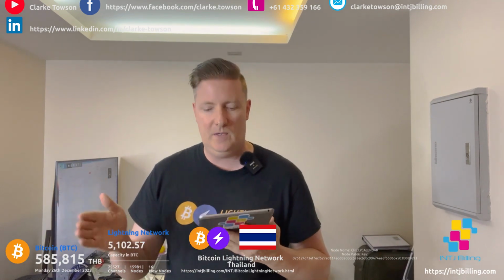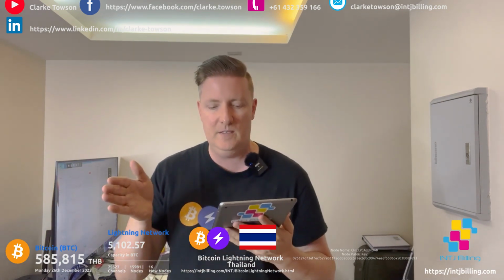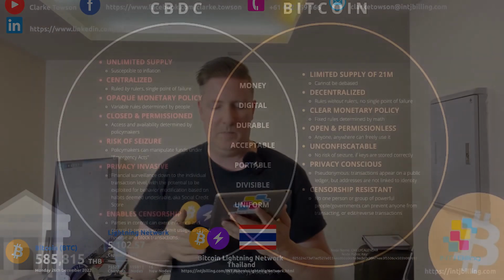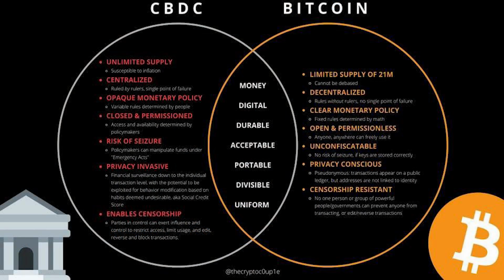On the other hand, we have Bitcoin, properties of Bitcoin: limited supply of 21 million, cannot be debased, decentralized, rules without rulers, no single point of failure, clear monetary policy, fixed rules determined by math, open and permissionless, anyone, anywhere can freely use it, unconfiscatable, no risk of seizure if keys are stored correctly, privacy conscious.